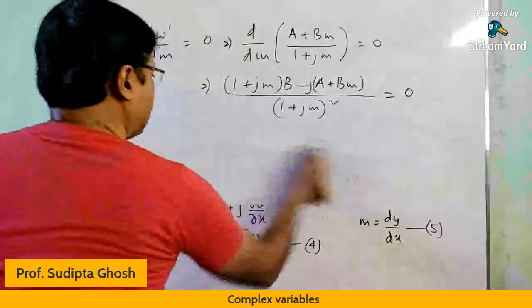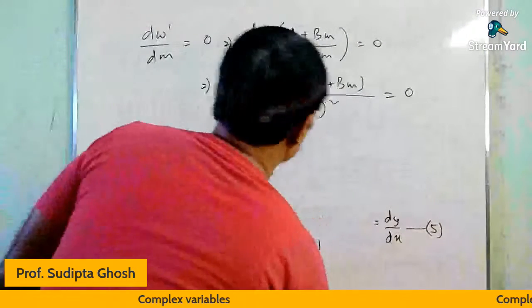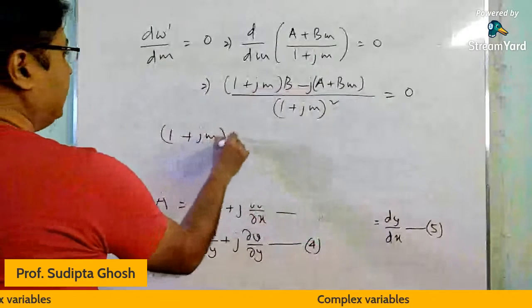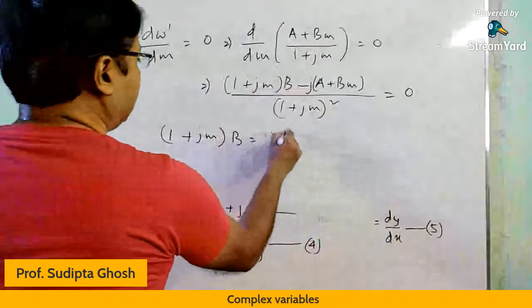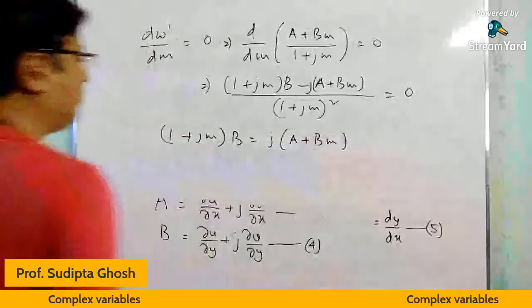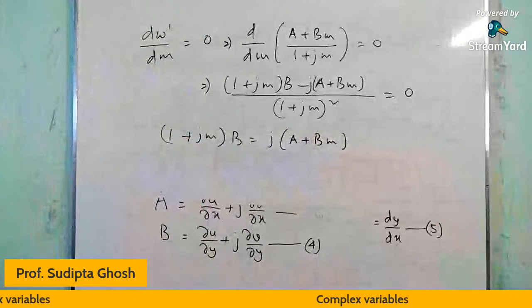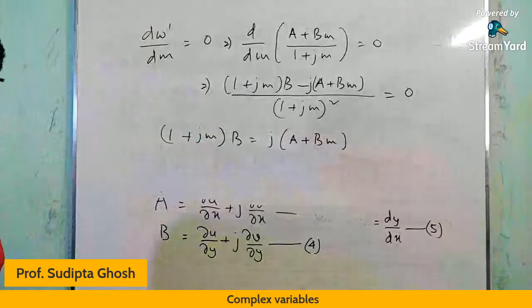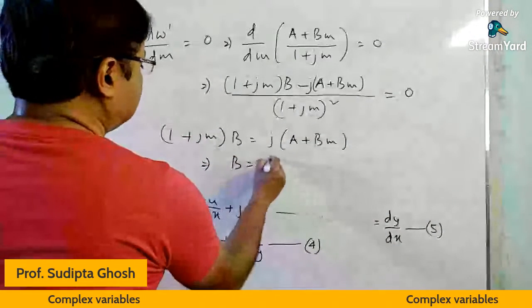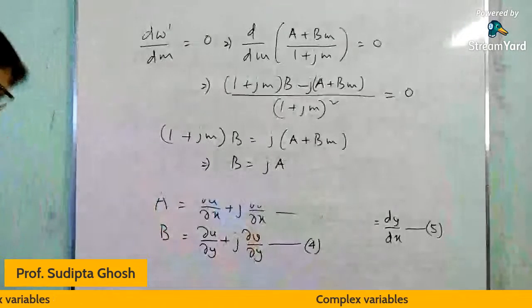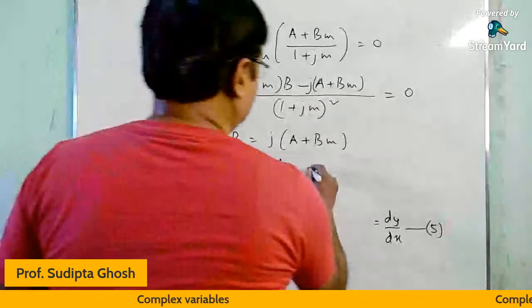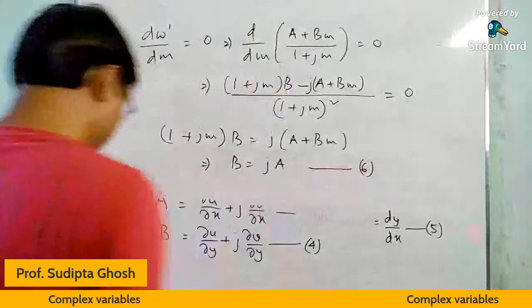So we have (1 plus jm) b equals j (a plus bm), and from both sides we can cancel out jmb, so we are left with b equals ja. Let it be equation 6.